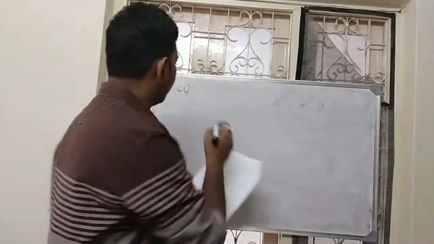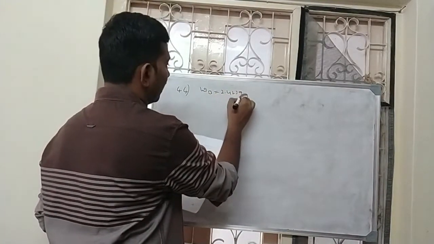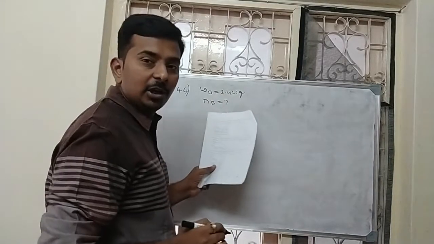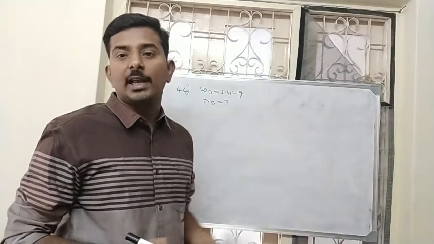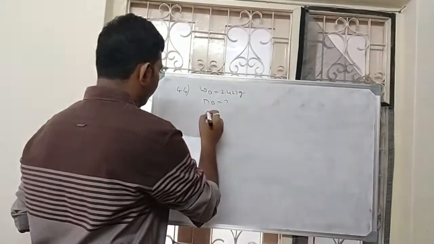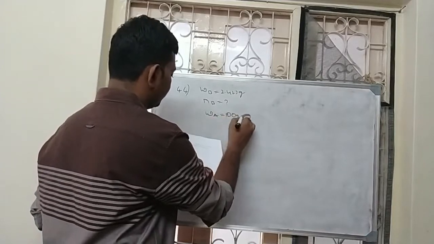So we need to calculate the molecular formula of sulfur. What is the information given? Mass of sulfur is 2.423 grams. First we need to calculate molecular mass, from which we can calculate molecular formula. Amount of solvent is 100 grams.